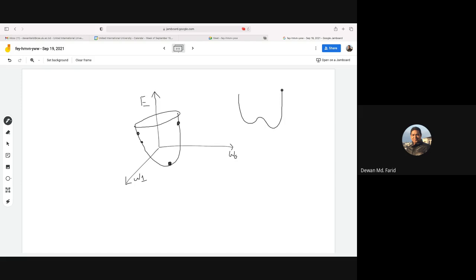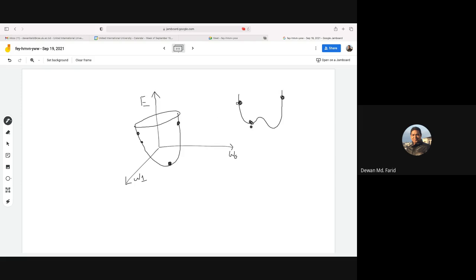You can start from any random point and reach here. This point is called our local minima.